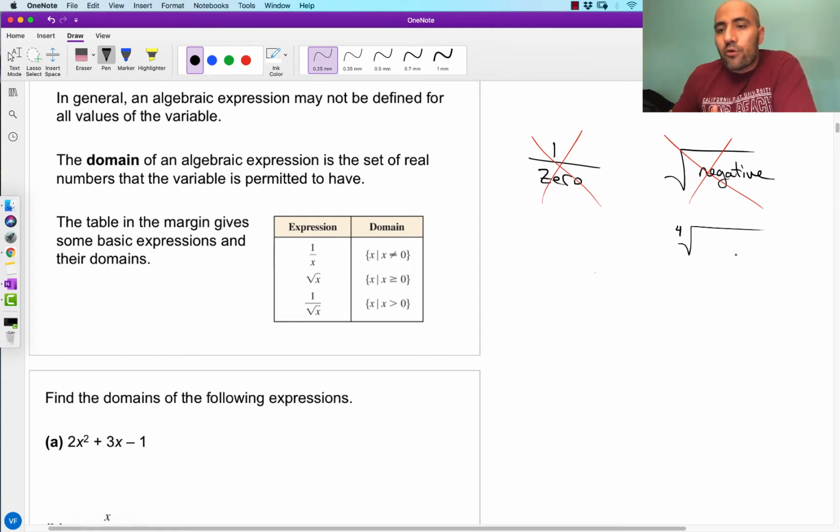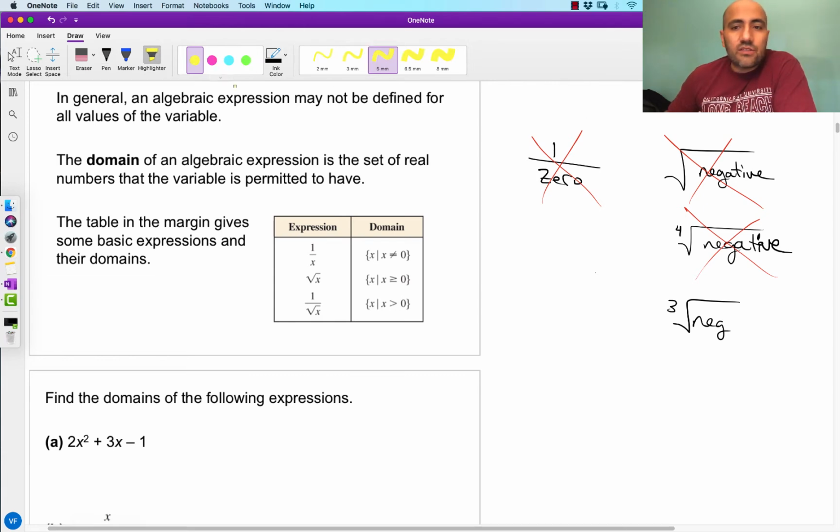So if we have the fourth root of a negative, we're also going to end up with imaginary numbers. We don't want that. If we had a cube root of a negative, then that's okay. That's not going to lead to an imaginary number. Good?